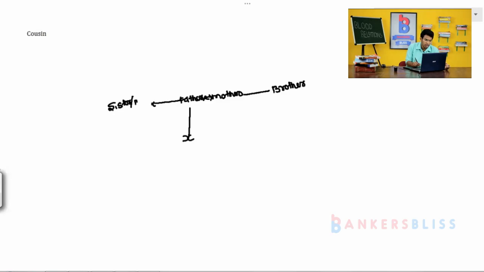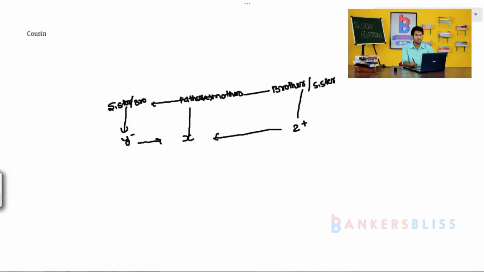You can take it as brother or sister. Then the sister's brother has Y as a daughter, and the brother's sister has Z as a son. Understanding? Then Y is considered as a cousin to you and Z is considered as a cousin to you.